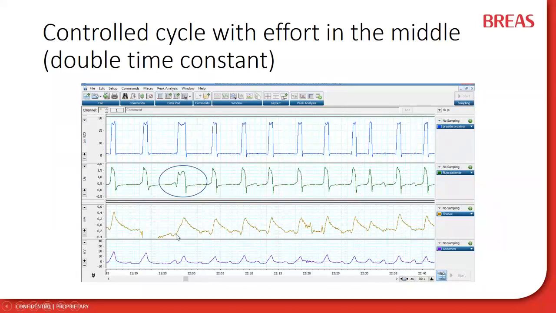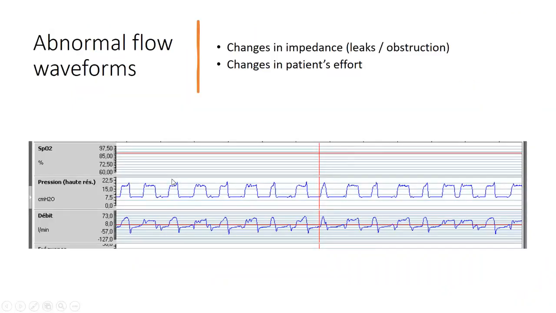The patient starts the effort just in the middle of the cycle, causing this abnormal flow waveform. Summarizing the slope: we can find an abnormal flow waveform or abnormal slope in two different situations, when we have changes in impedance, meaning leaks or obstruction, or changes in the patient's effort.